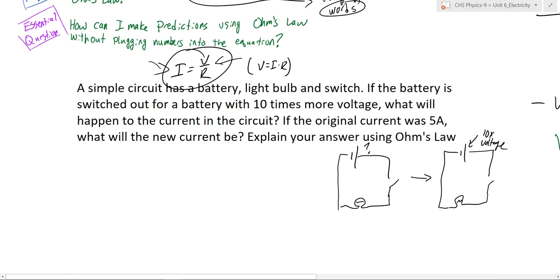If the battery is switched out for another one that's 10 times more voltage, what will happen to the current? According to this equation, I equals V over R, these two are directly related. So the voltage goes up by 10, which means the current will also go up by 10.